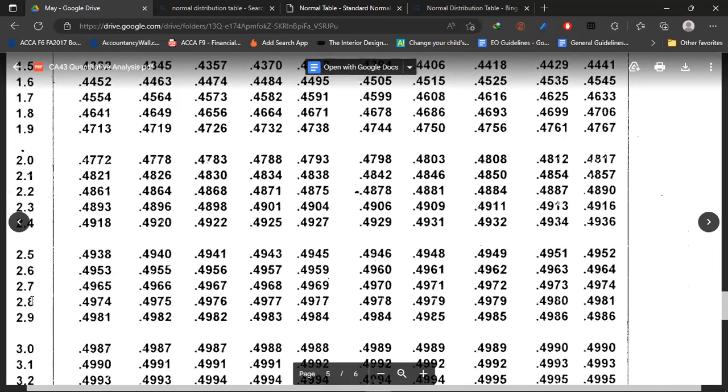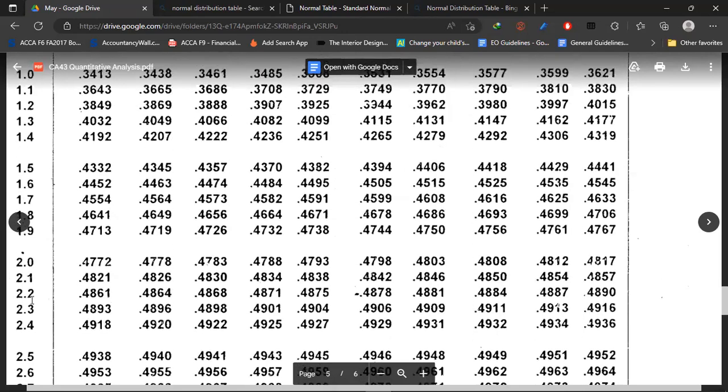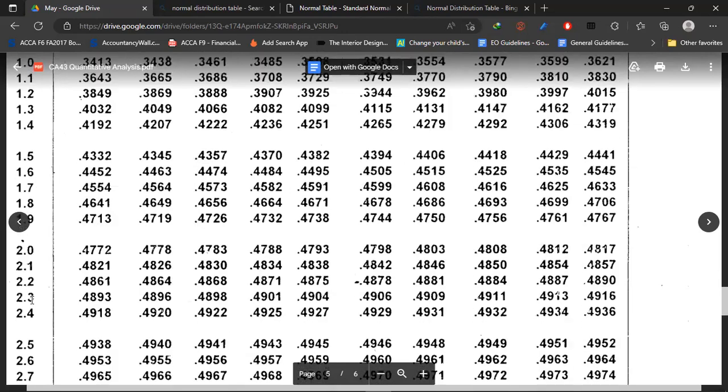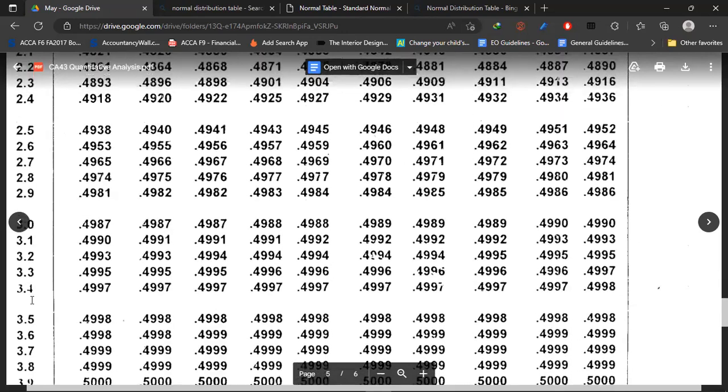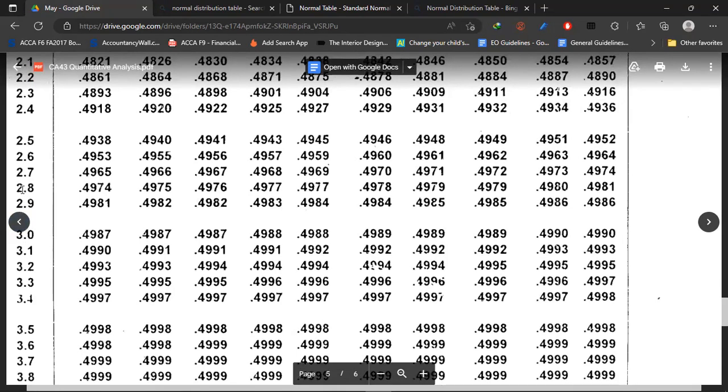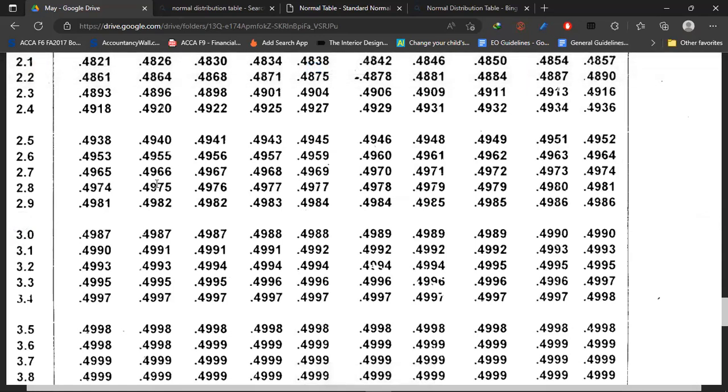So I just go row-wise and then come upward, so I know it is the second column. So it will be this one, 2.8, and then I go row-wise, and I will be able to get 0.4975.